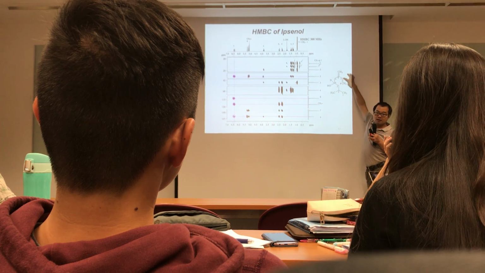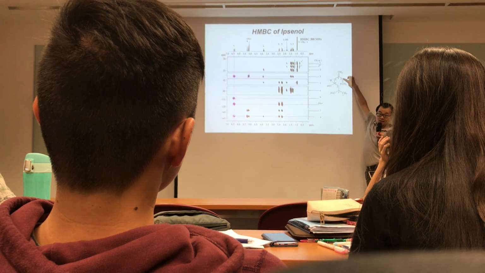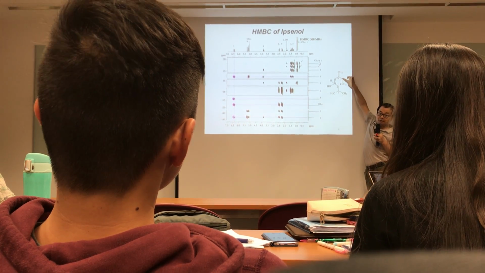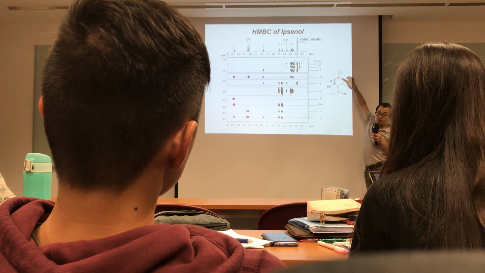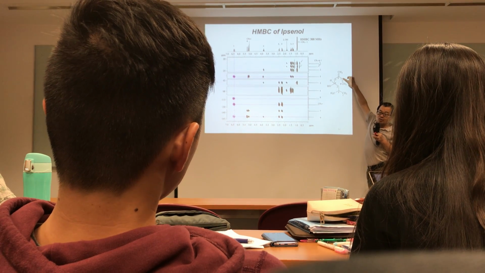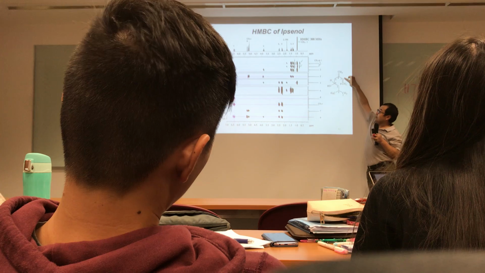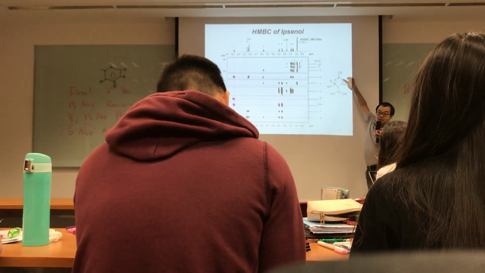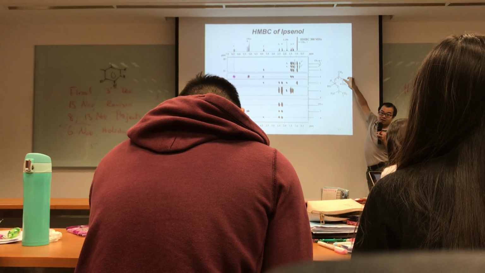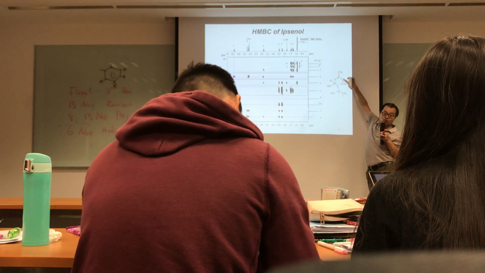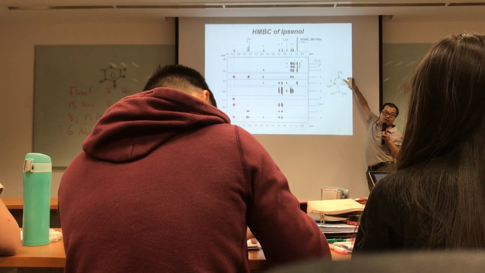sp2 CH. Now, if you stand on this carbon, which carbon can you see? You look down, you look at your feet, you see this carbon. You cannot see this because this is HMBC. You don't show 1 bond correlation.